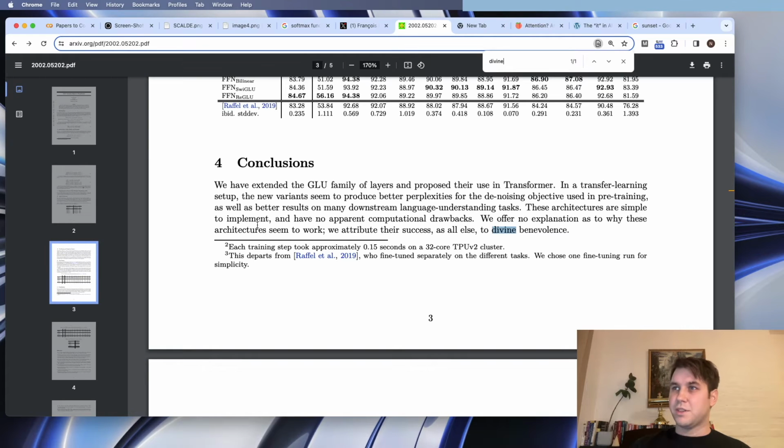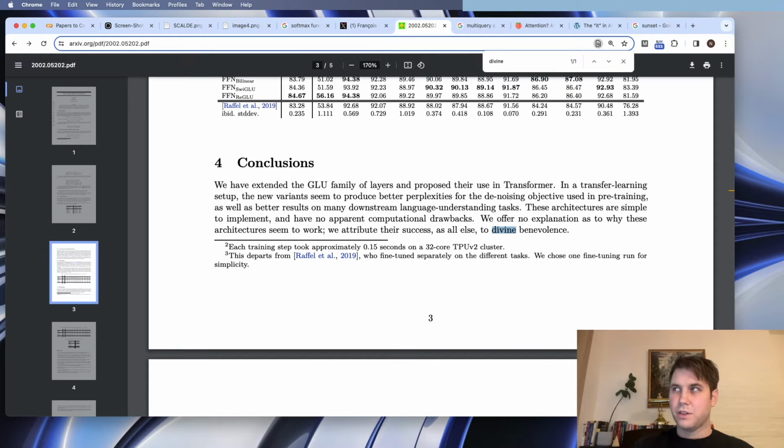These architectures are simple to implement and have no apparent computational drawbacks." So for the same computational budget, they're working just as well. "We offer no explanation as to why these architectures seem to work. We attribute their success, as all else, to divine benevolence." So here's an author saying, I don't have a great story about why this works better than the alternative, but it does work, and that's what's important.